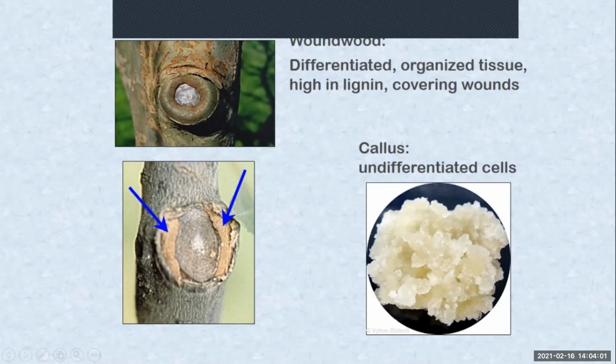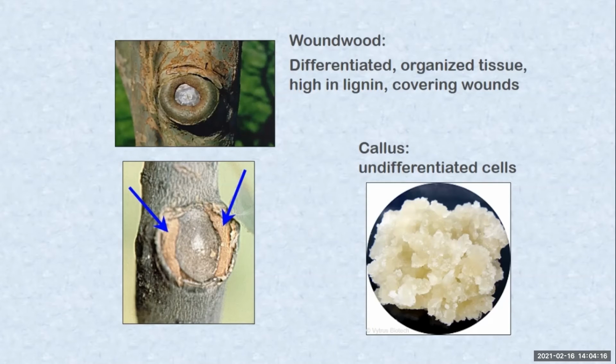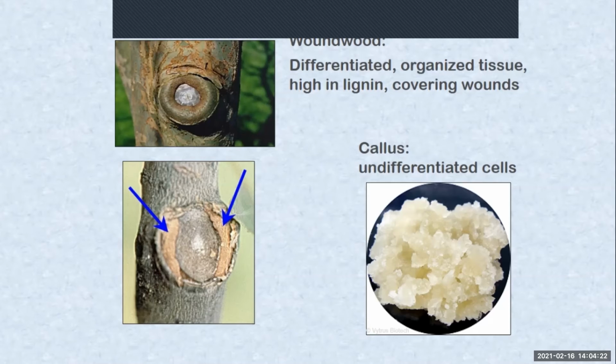It's just a mass of basic cells that have no specialized functions or structures. They just divide. Whenever you make a cut, a tree will respond by producing callus, but the callus is just these fragile, simple cells that divide.